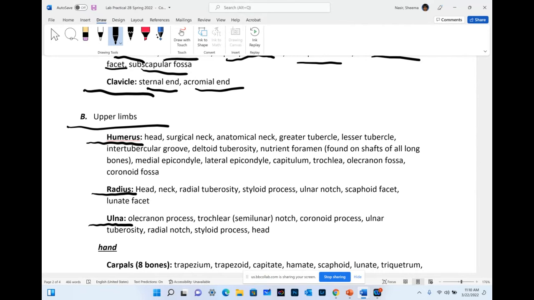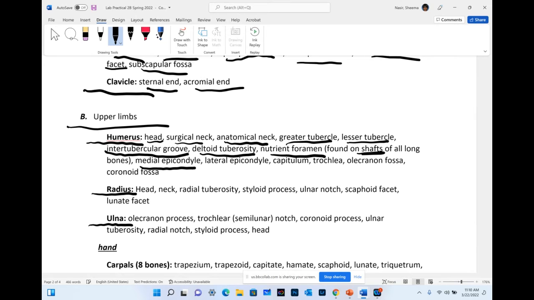In the humerus, we are going to look at head, surgical neck, anatomical neck, greater tubercle, lesser tubercle, intertubercular groove, deltoid tuberosity, nutrient foramen. It is mostly on the shafts, but they can be found anywhere.